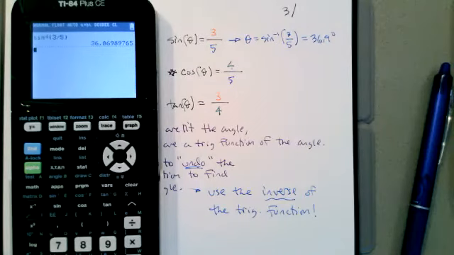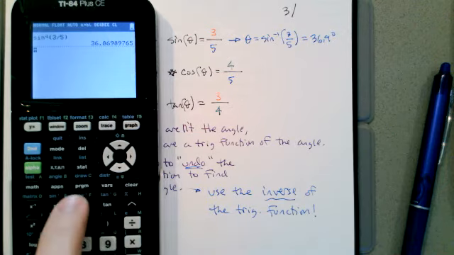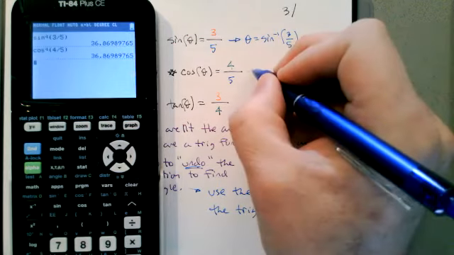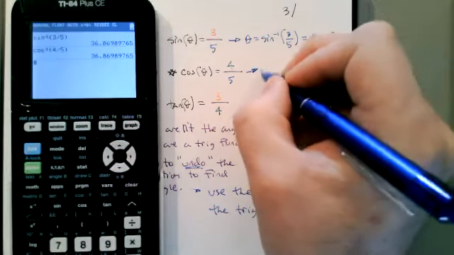The other word for the inverse trig function is the arc sine, but that's too much to type apparently, so they just put sine to the -1 as a sine inverse. We should also check: the cosine of theta is 4/5, so if we do a cosine inverse of 4/5, we should get the same angle. That's good that that happened.